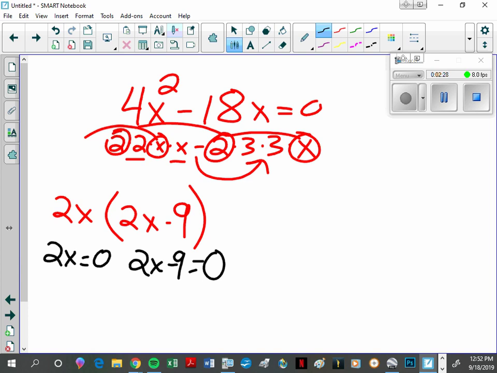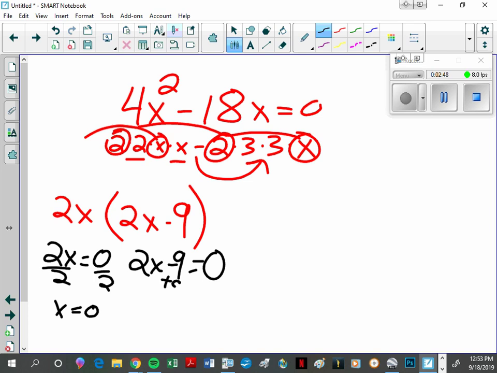What do I do? So over here, dividing by 2, if you have nothing and you cut it into 2 pieces, how big is each piece? Nothing. If you have nothing and you give it to 2 people, how many does each person get? Nothing. So the answer is 0.